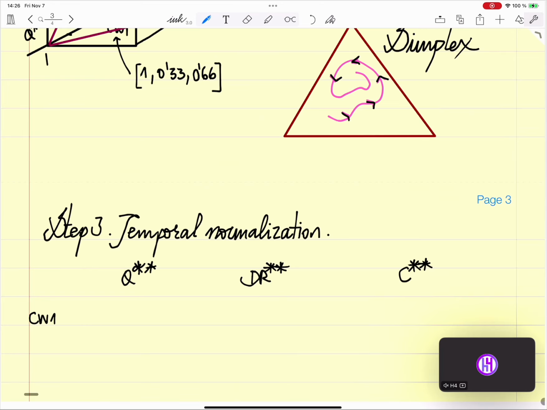We take the data, so 1, 0.33, 0.66 in calendar week 1. Then we say 1, the value of the quality data, divided by the sum 1 plus 0.33 plus 0.66. And this is going to deliver 0.5. If we do the same for the others, you will see that the sum of the three will deliver 1.